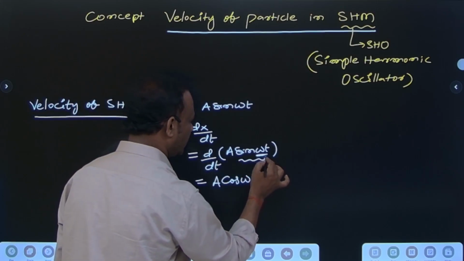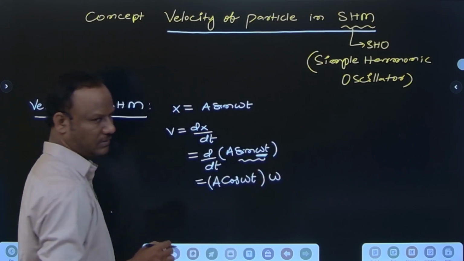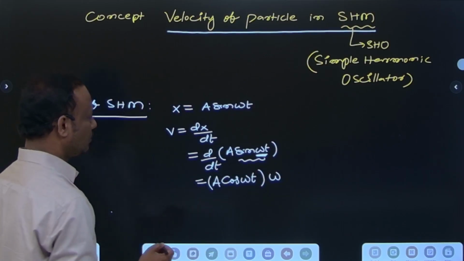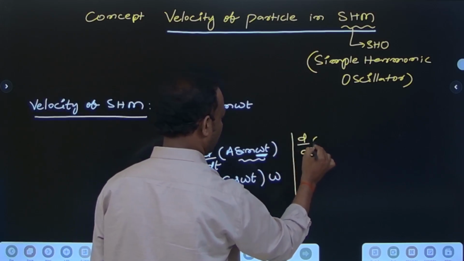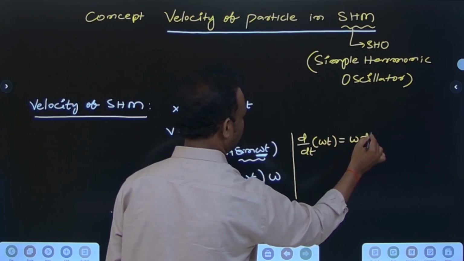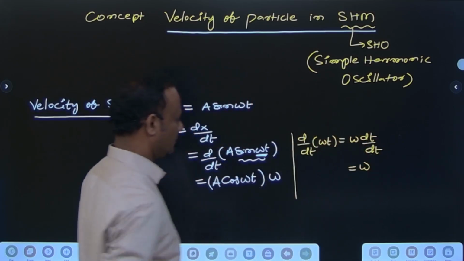Again, omega t differentiation is what? Into omega. d by dt of omega t will be omega into dt by dt. What is the answer? Omega.